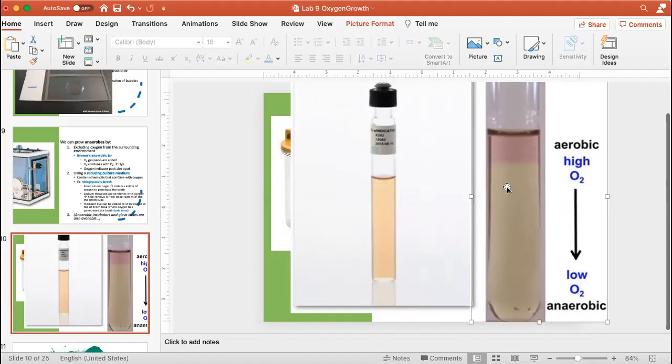That's because there's a dye in here that will turn pink if it gets exposed to oxygen. So with the pink color change, I know exactly the border of the oxic zone. So when I put cells in here and I watch them grow, I can figure out: are they growing in the oxic zone? Are they growing outside of the oxic zone? The tube helps me determine that more easily.